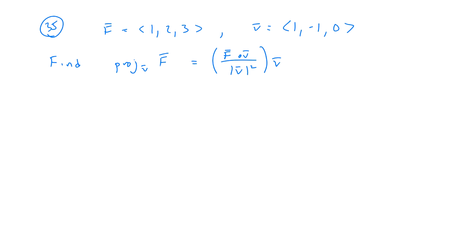So here we have our definition. In this case, the dot product is -1. The length of v is the square root of 2.